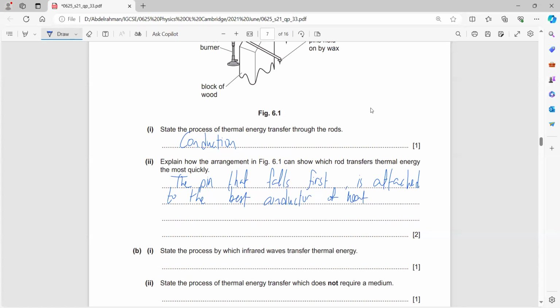And of course you can say that the pin that falls last is attached to the worst conductor of heat. Right?